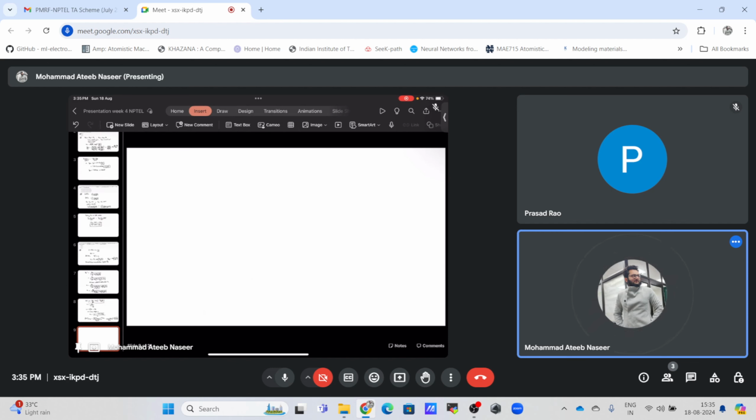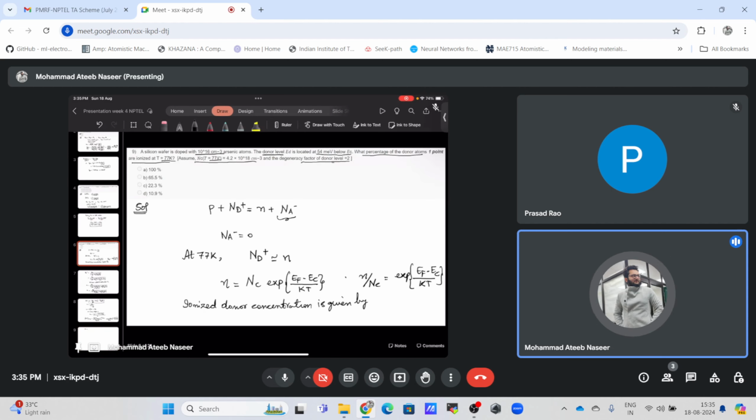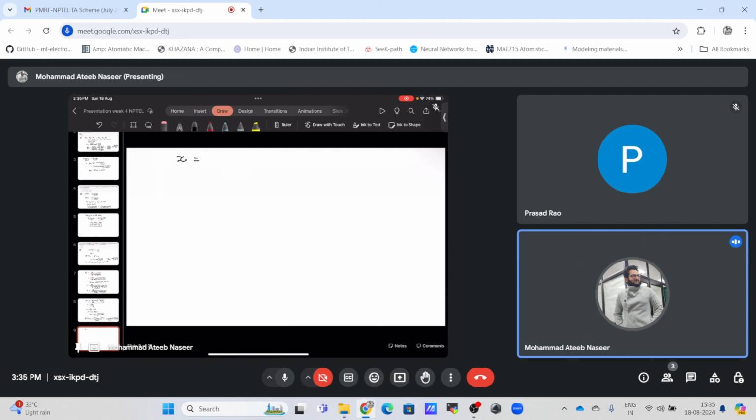Nc by gd. Nc was equal to 4.2 into 10 to the power of 18 per centimeter cube at 77 Kelvin, the effective density of states. So it is 4.2 into 10 to the power of 18 per centimeter cube, and the degeneracy factor is 2 simply. And this has been multiplied by exponential of minus Ec minus Ed.